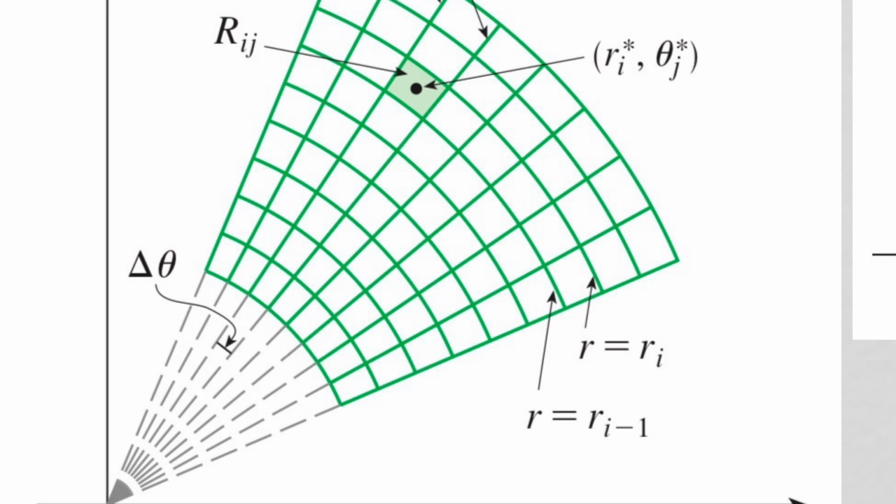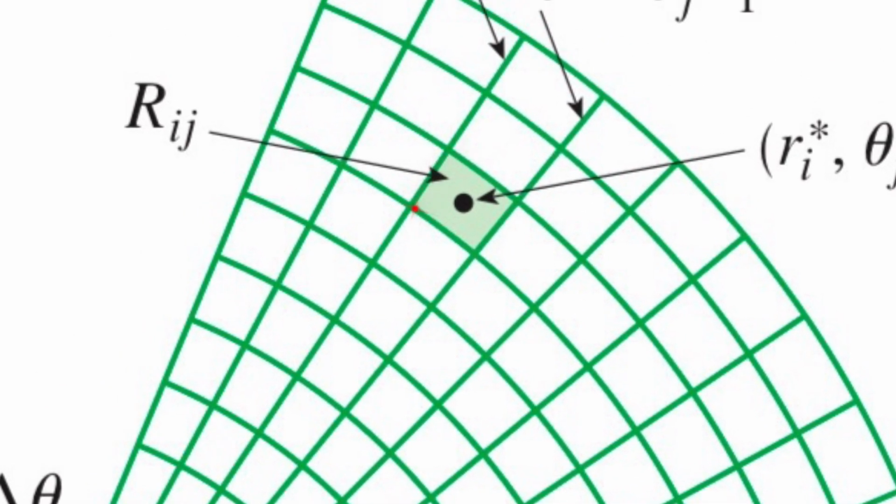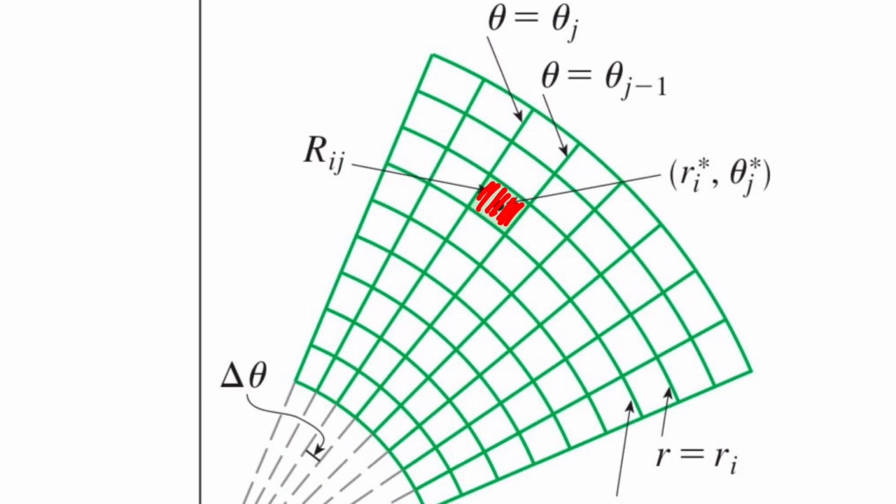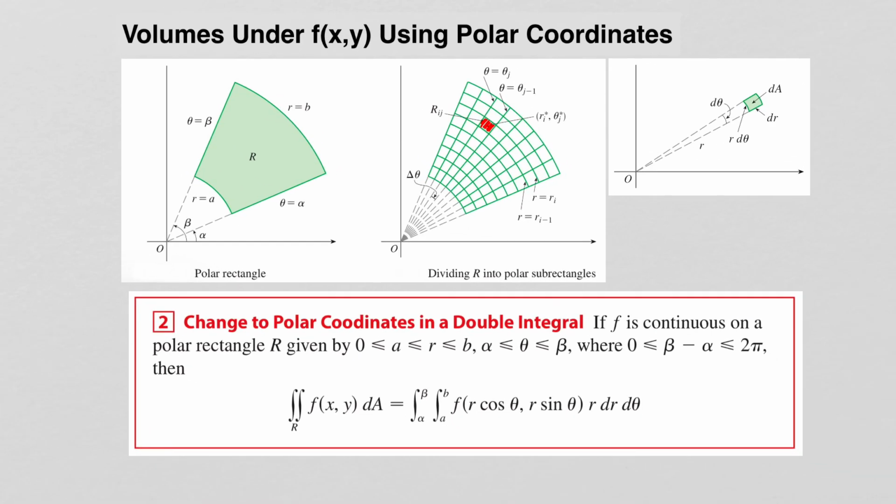They're not quite boxes, they're a little bit curved. But if you pick one of those boxes, it is approximately a rectangle. And so to find the area of this box, we just need to find the length and width of that box.